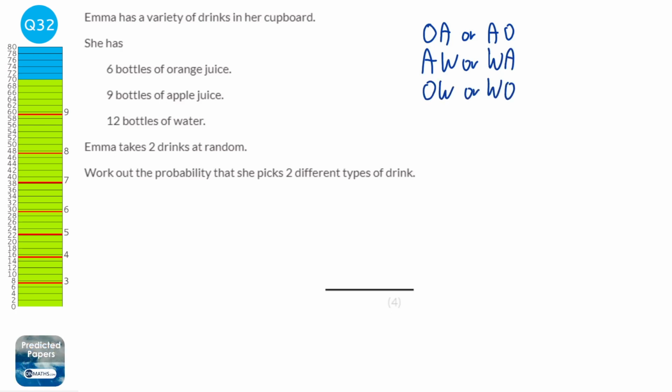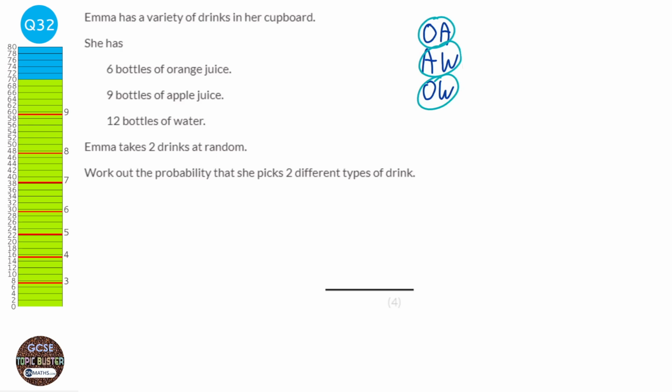What we notice when we do this is that OA gives us the same probability as AO, same with AW and WA, same with OW and WO. So we're just going to ignore the right hand side ones, and focus on the left hand side ones.